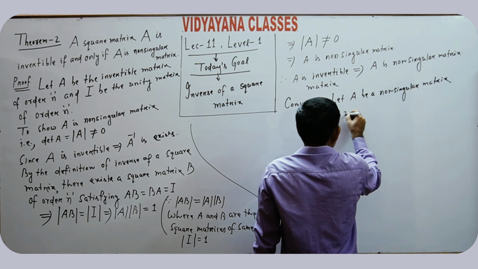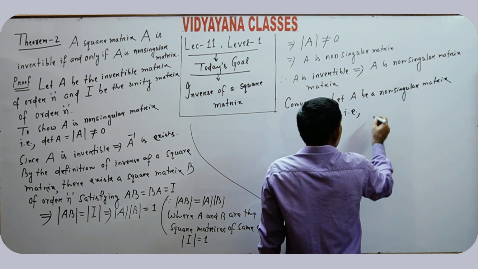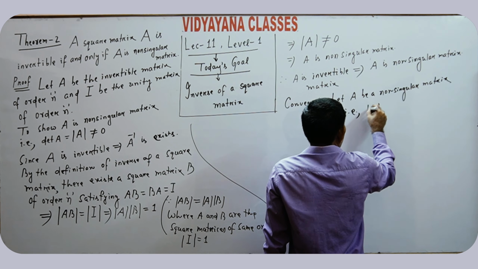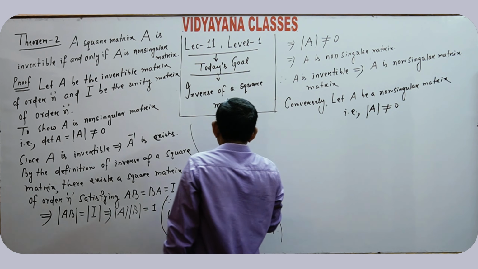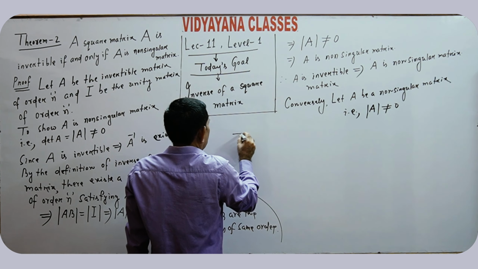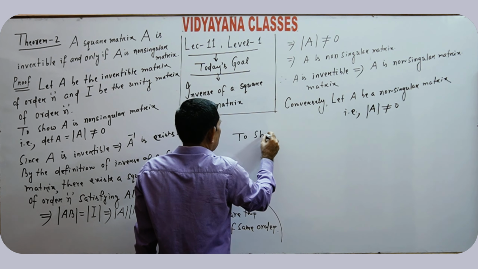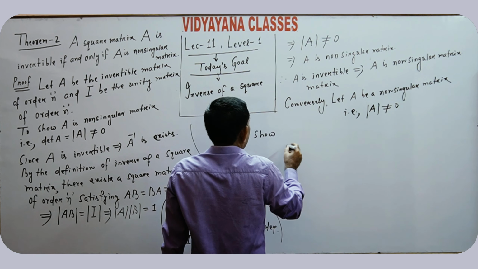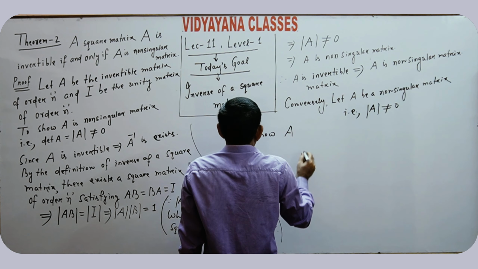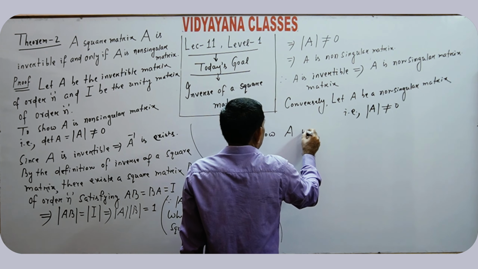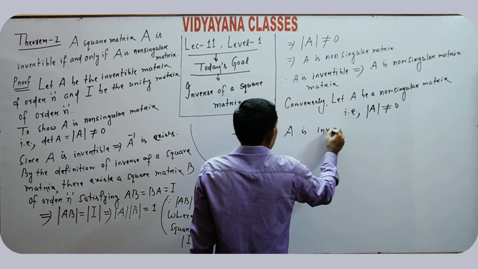That is, determinant of A not equal to 0. To show capital A is invertible.